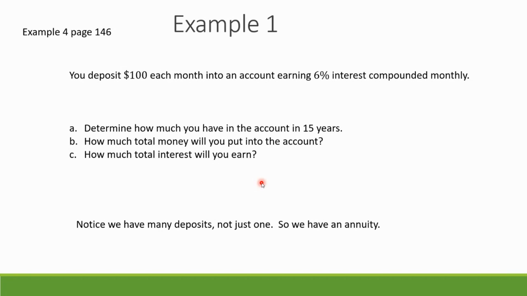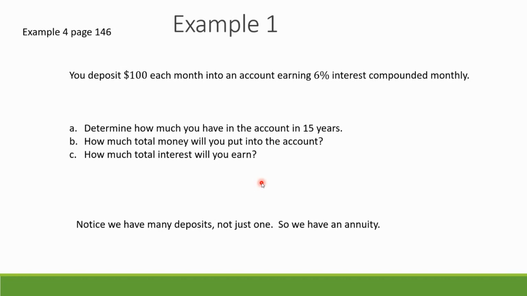I did post an announcement where you are to round the answer to 2 decimal places. So, we want to know how much will be in the account after 15 years. We're also going to determine how much money we put into the account and how much total interest we earn.